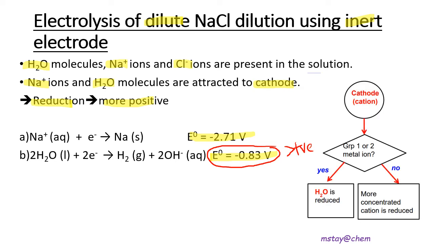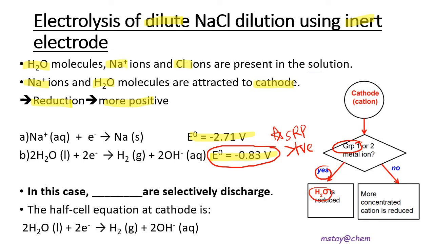Even if we check with the summary in your notes, for the cation, is there a group 1 metal ion? Yes. So if yes, water will be reduced. Matching with this, the more positive SRP value will also be selectively discharged. So in this case, water molecules are discharged, and since the half-cell equation is already in the reduction form, you can directly copy it down here.